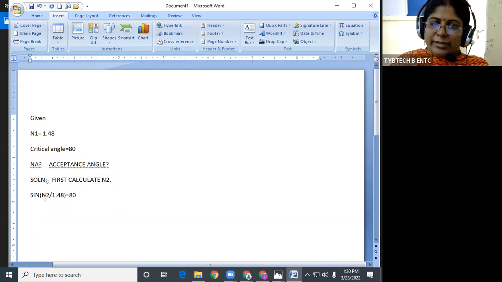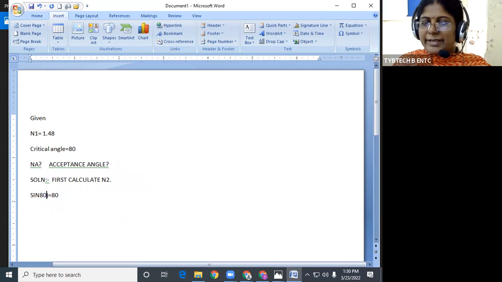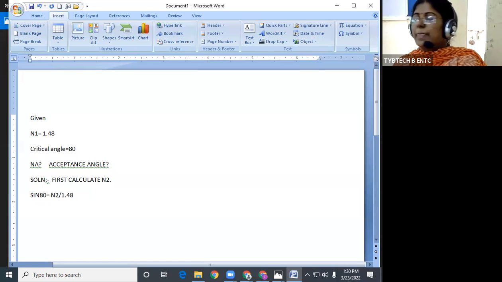Sorry, just a minute. Here it is now. Sine of critical angle दिलेला आहे ना तुम्हाला. Sine of 80 is equal to how much it will come? Sine of 80 is equal to n2 divided by 1.48. So n2 is equal to 1.48 into sine of 80. सांगा मला किती येते व्हॅल्यू.